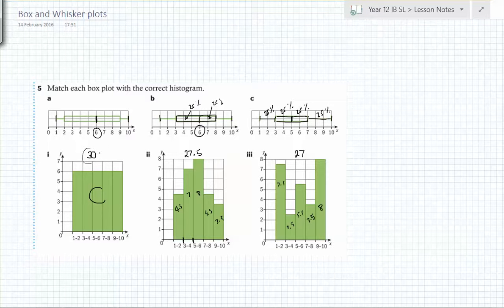So, 30 people divided by 4 means what? 7.5. So each quartile should have 7.5 in it. What's 27.5 divided by 4? 6.8. What's 27 divided by 4?